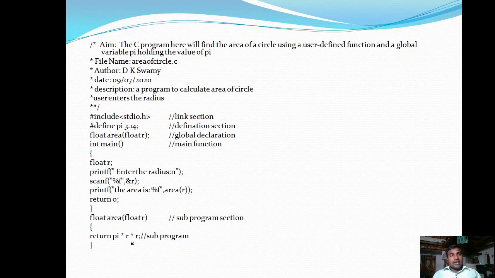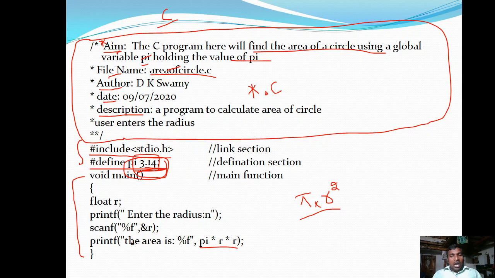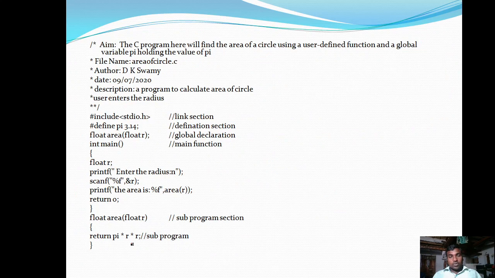Now here is another example. In the previous case, it consisted of the documentation section, link section, definition section, and main function section. It did not contain any global declaration section or any subprogram section, so I'm trying to use those here. This is the documentation section.